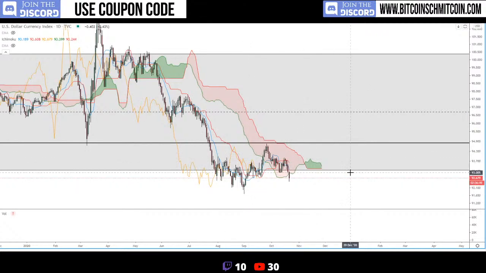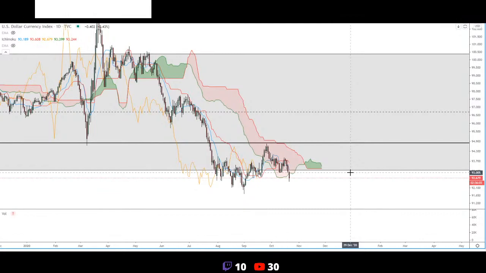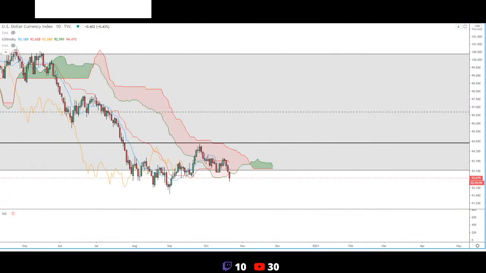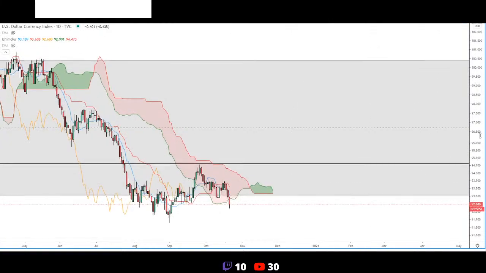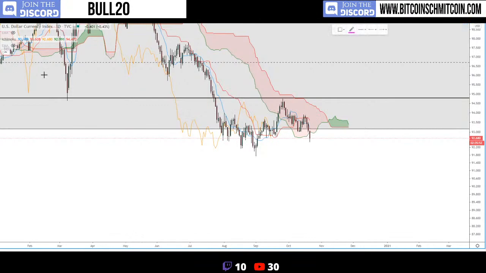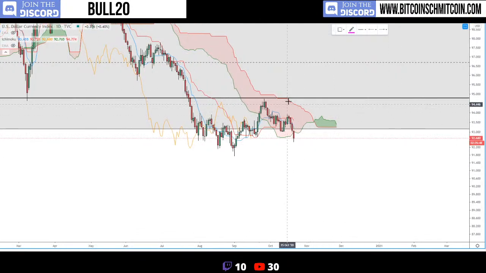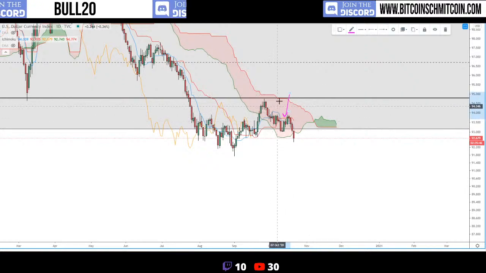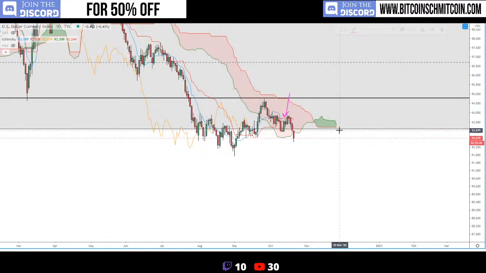In the cloud system, it's not enough to just be trending above or below the slow and fast moving averages. There are different levels to which that is more bullish or less bullish. In this case of the dollar index, the cloud gives us a stronger bearish bias than normal, because not only is price trending below the slow moving average and the fast moving average, the blue and the red, it is also trending below the cloud.